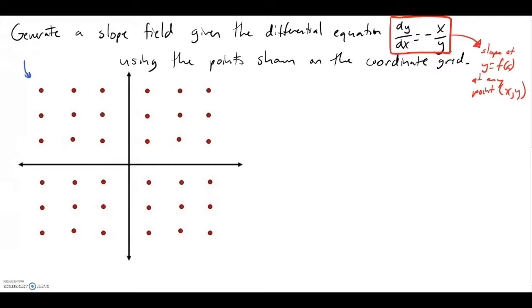And so let's consider what's going on in this problem at the point negative 3 comma 3. Well, at that point, this differential equation states that my instantaneous rate of change would be negative my x coordinate divided by my y coordinate, or in this case, a positive 1.